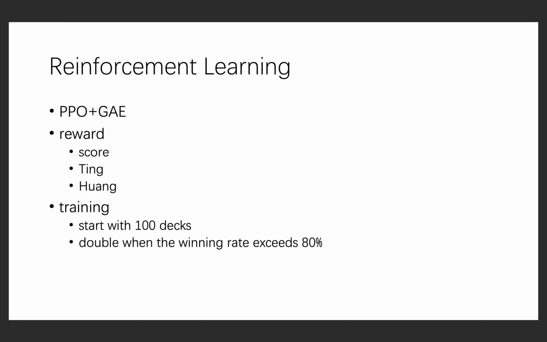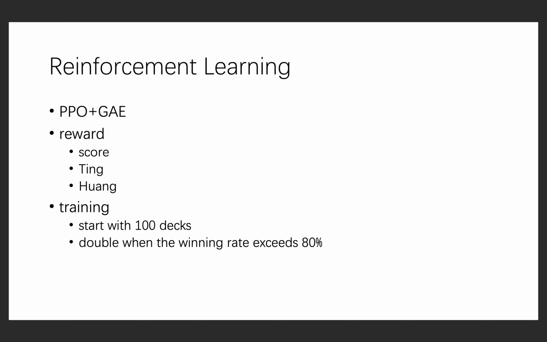About the reinforcement learning, we use the GAE plus PPO method, and we first initialize the model parameters with the average human policy model, which is from the first supervised learning model.